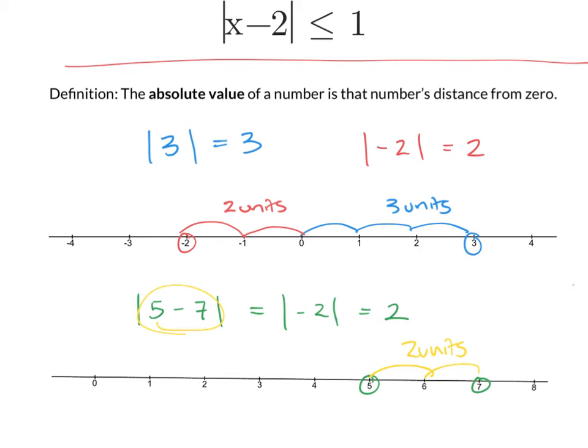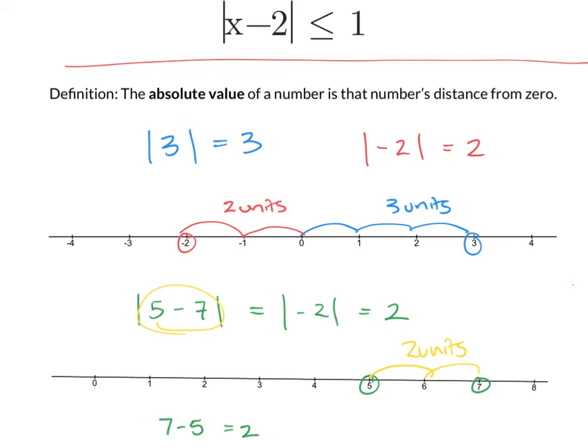Now normally when you subtract like this, if you had 5 minus 7, you do get a negative 2, and that is because you're going in a specific direction. If you had 7 minus 5, your answer would simply be 2 because there's still 2 units here, but it's not necessarily negative.